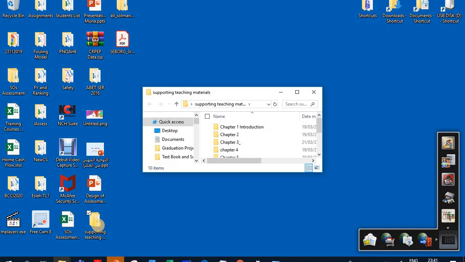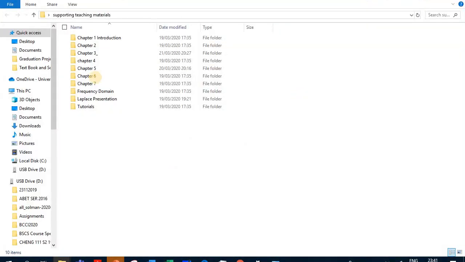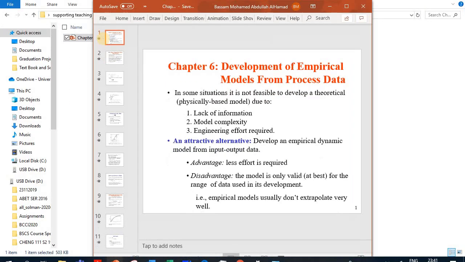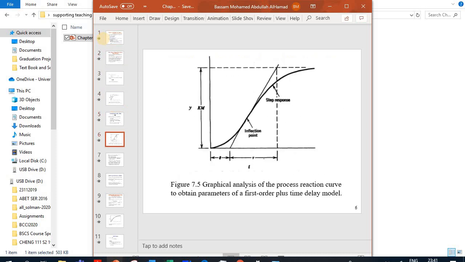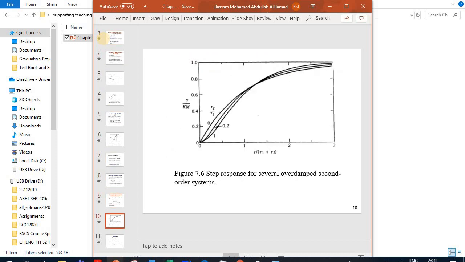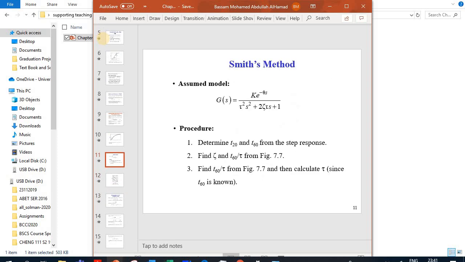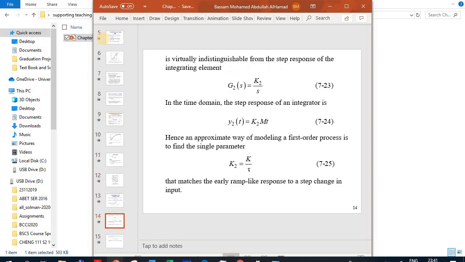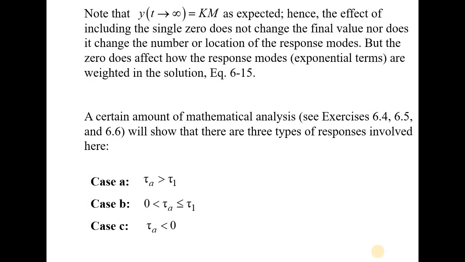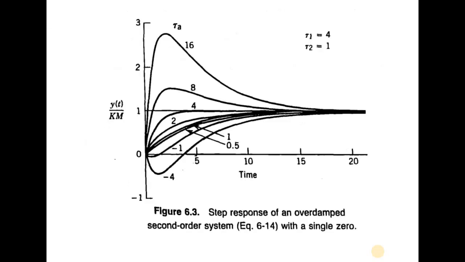The supporting teaching materials, chapter number 6. Yes, that's the one I was trying to open. Looking at chapter number 6, I just want to show you the effects of poles and zeros, where I have the cases that I already mentioned.